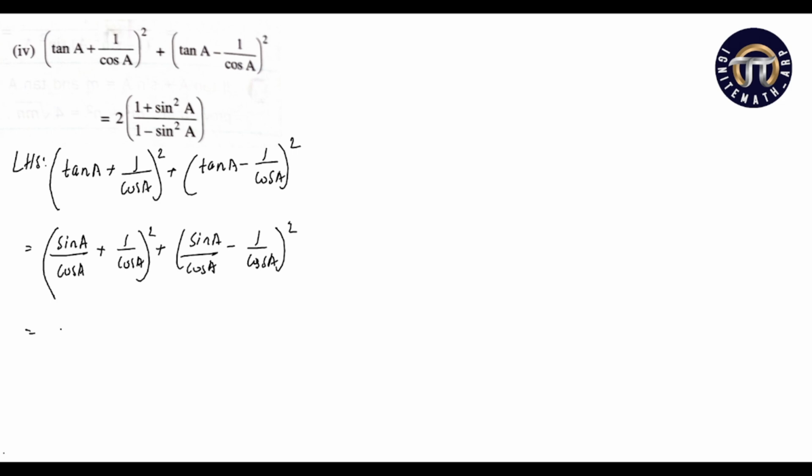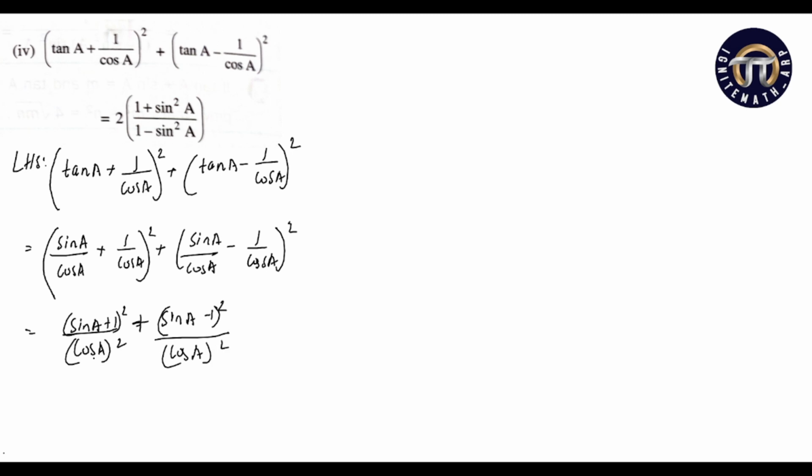If I simplify within the bracket, I would get (sin a plus 1) the whole square over cos a the whole square, plus, then again, (sin a minus 1) the whole square divided by cos a the whole square. I hope you are following it, children.